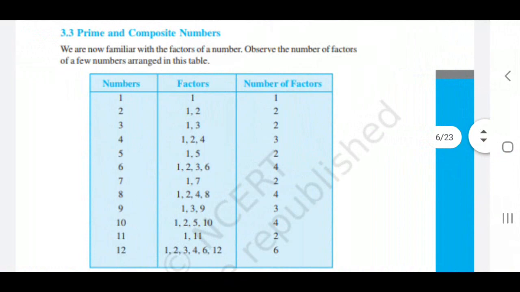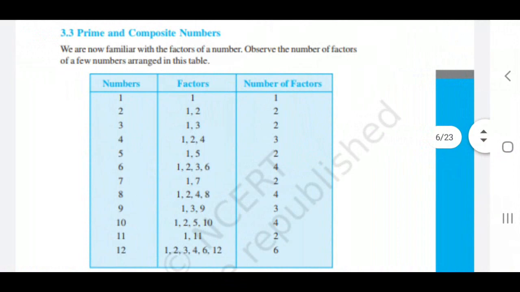What about 8? How many factors are there? 1, 2, 4, 8. 4 factors are there. So it is a composite number. What about 9? 1, 3, 9. It has 3 factors. So it is a composite number. I have said a prime number has only 2 factors. 10.